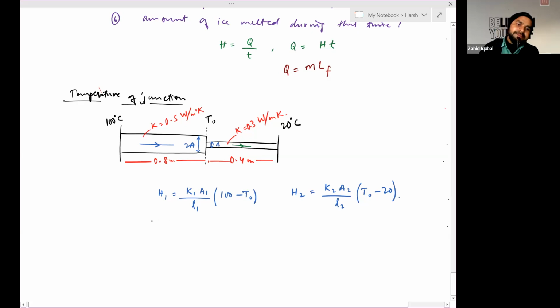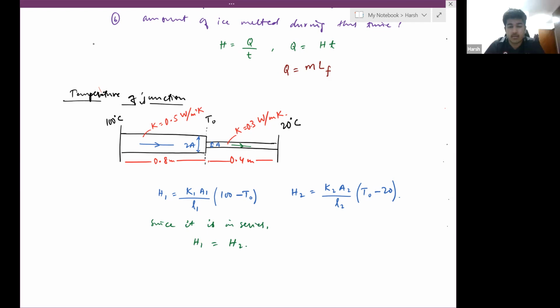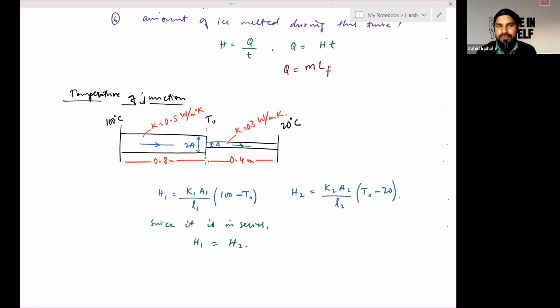So since it is in series, we can equate H1 and H2. On equating, you will get T naught, that is temperature of junction. Any doubt? No, sir. Just write it down and try to simplify for T naught. Okay, sir.